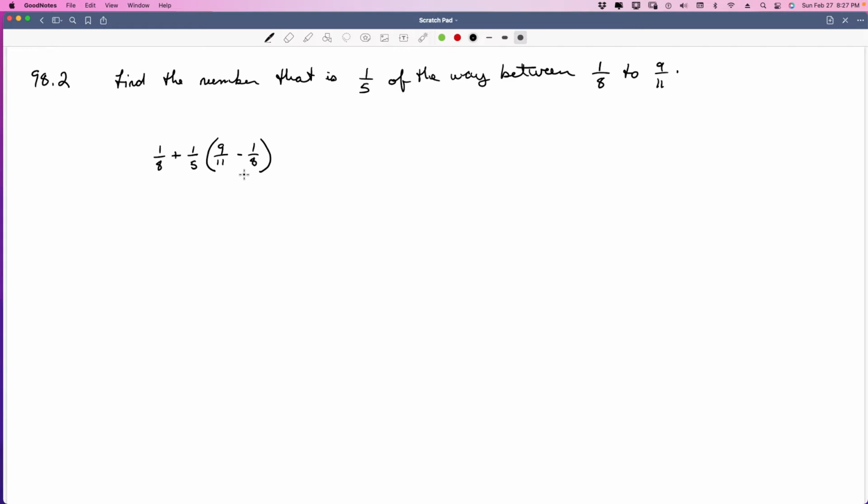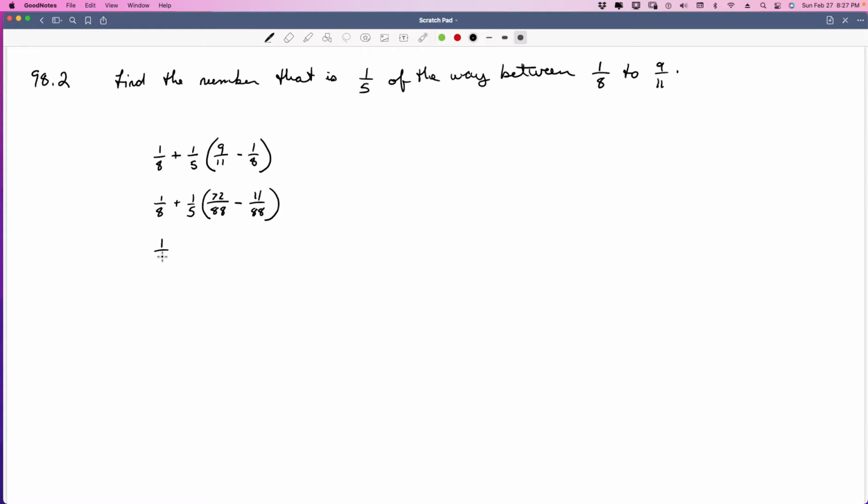So the first thing we need to do is find a number in common. And 11 is a prime number, so we have no choice but to multiply it times 8. So we have 1/8 plus 1/5 times 72/88 minus 11/88.